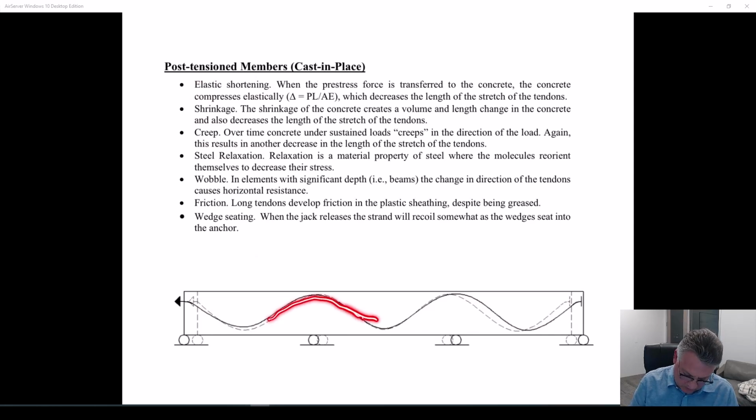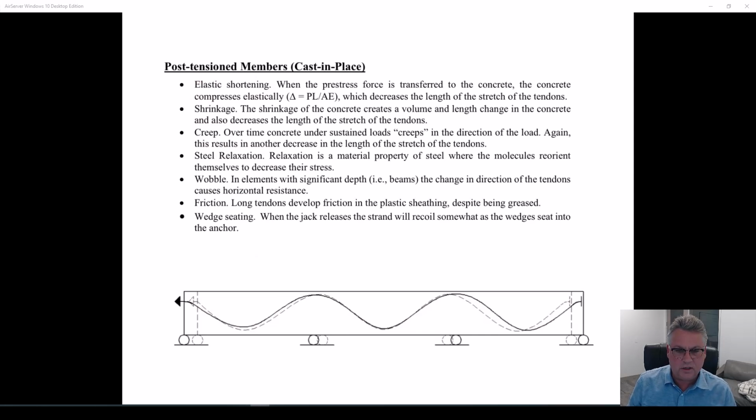This is more realistic. In our academic world, we assume that we peak at a point. It's easier to do for our 8FA over L squared, a complete parabola, an actual parabolic number between here and here. In reality, there's a reversal of the tendons. It doesn't change your numbers all that much, but PT Data, our program, allows you to model that effect and get the correct equivalent loads.